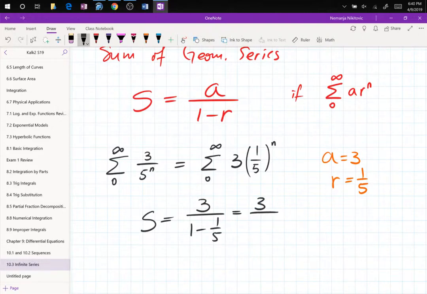That's 3 divided by 4/5, which is 15 over 4. To me, this is fascinating that I get to add infinitely many numbers. Guys, I add infinitely many numbers and they add up to 15 over 4.